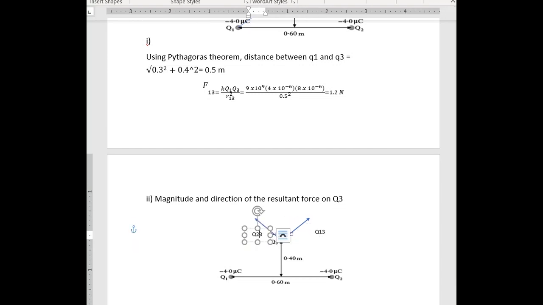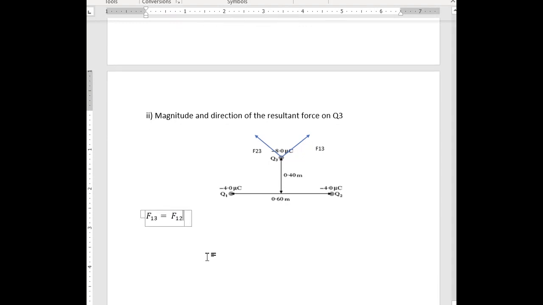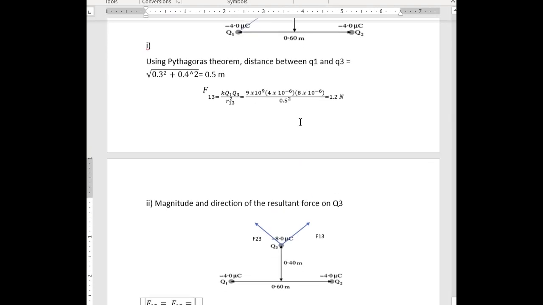We have F13 equals F23, because charge 1 and charge 2 have the same magnitude, and the distances of 1 and 3 compared to 2 and 3 are also the same. So the resultant force will be the same.